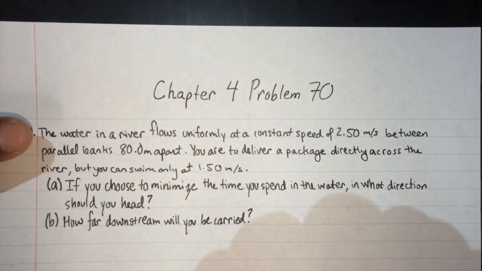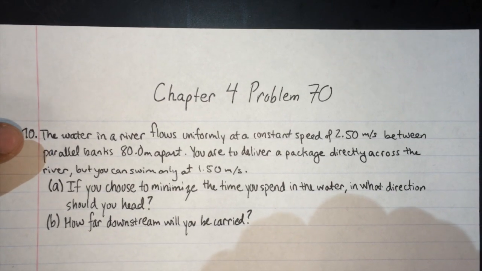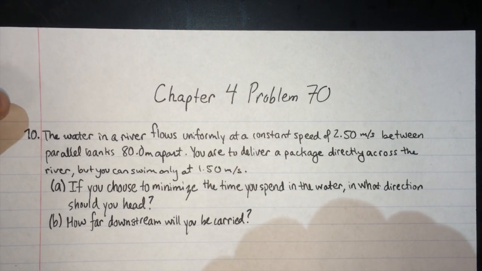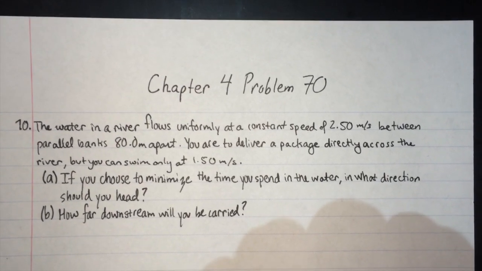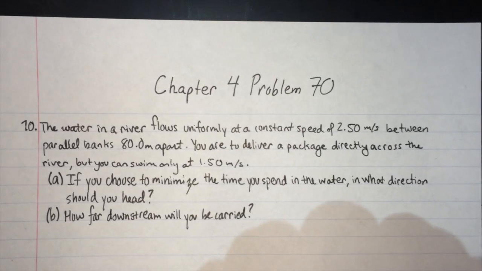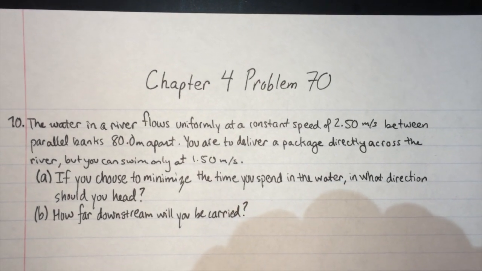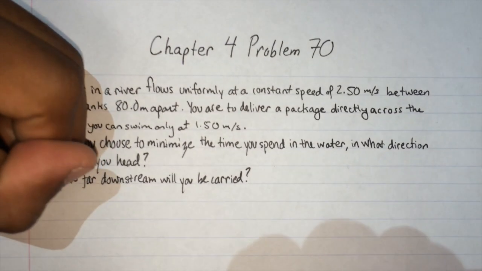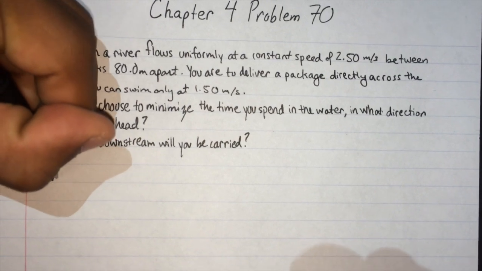The water in a river flows uniformly at a constant speed of 2.50 meters per second between parallel banks which are 80.0 meters apart. You are to deliver a package directly across the river, but you can only swim at 1.50 meters per second. So let's start with our givens.